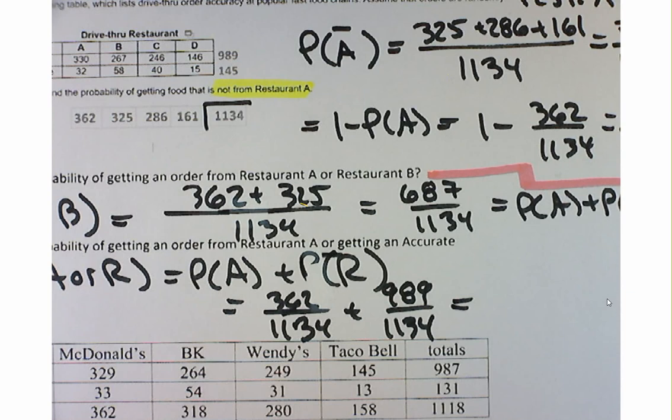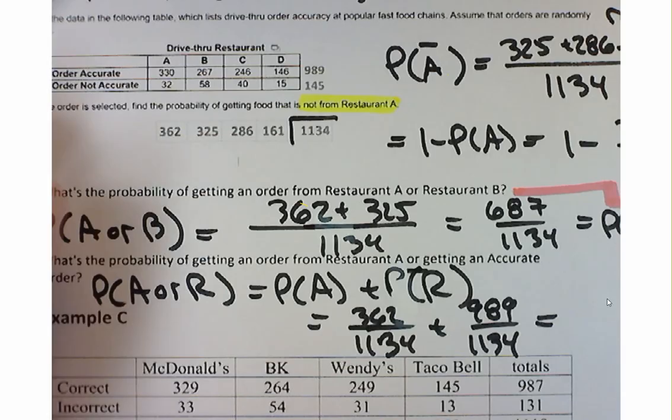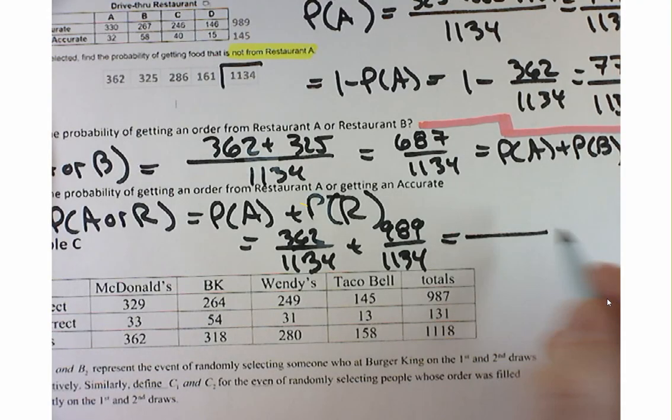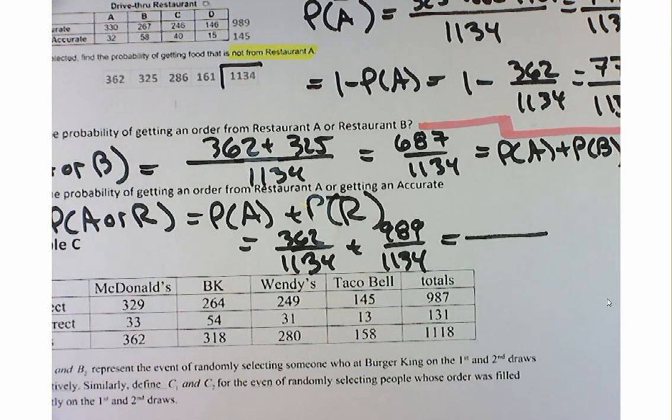You see something wrong? Well, if you subtract the 362, then you're leaving out the people that ordered restaurant A, or at least some of them. I counted some of them. You are seeing something that looks alarming here. Let me finish this calculation, then we'll look back and fix it.